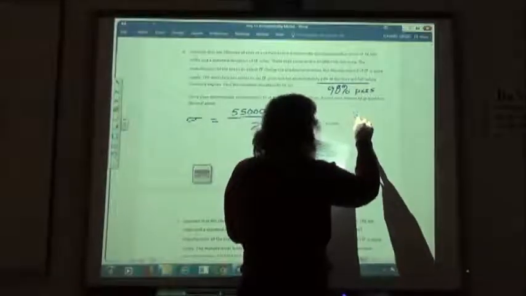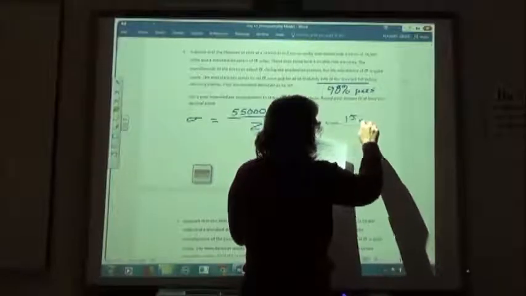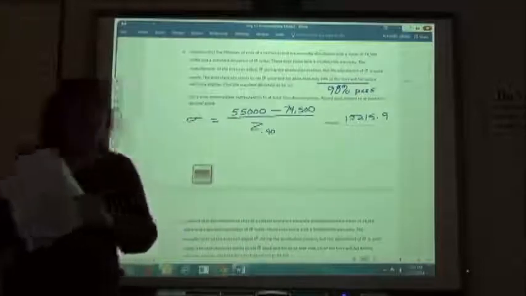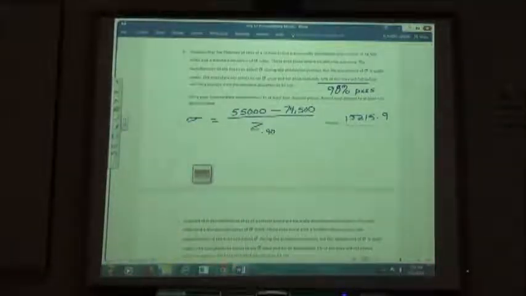Now divide it by your z sub 0.90. There, that looks better. So our answer to one decimal place would be 15,215.9. Yep.